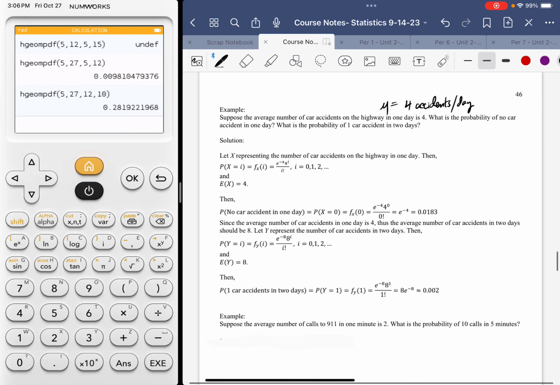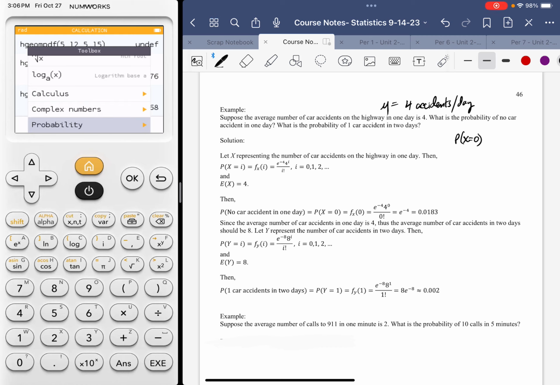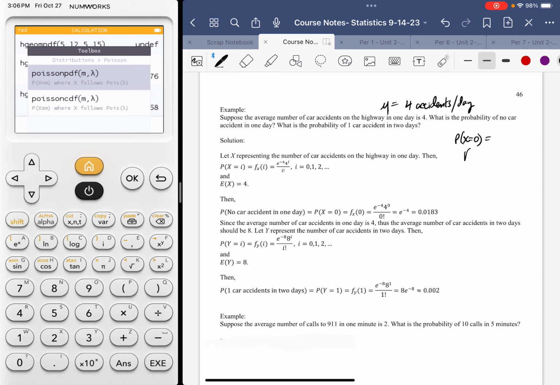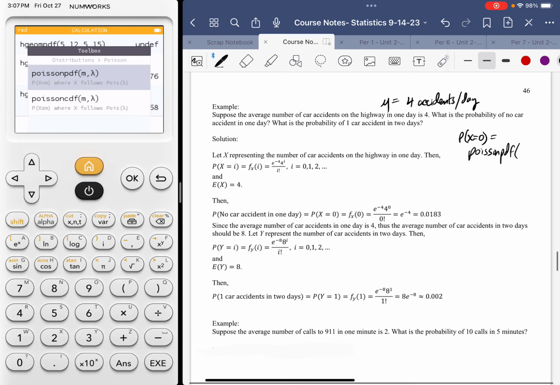Useful, but if I want to know the probability that X is going to be equal to 0 using the Poisson distribution, I could follow this approach, or I could go into my toolbox under probability distributions, go to Poisson, and we use the Poisson PDF. The M in this is the particular number of occurrences that you're looking to determine the probability of.